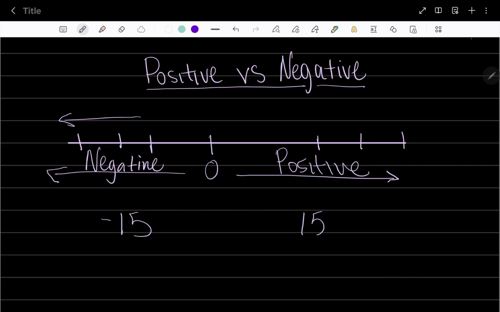And what that property says is that the opposite of an opposite is the number itself, which means that if we have a negative 4, we correspondingly have a positive 4. So whatever number you can think of on the negative side, there is a corresponding positive number on the opposite side.